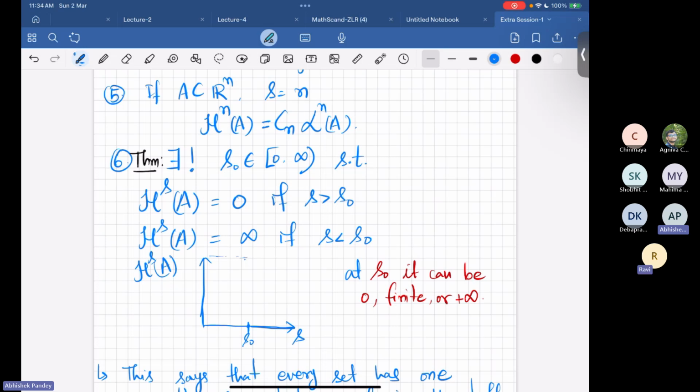It will be some kind of weird thing, because H^s of A will be infinity throughout, and this is quite unnatural. Anyway, I will see and let you know.